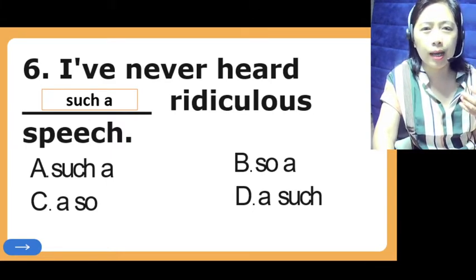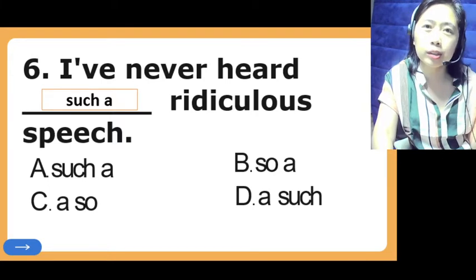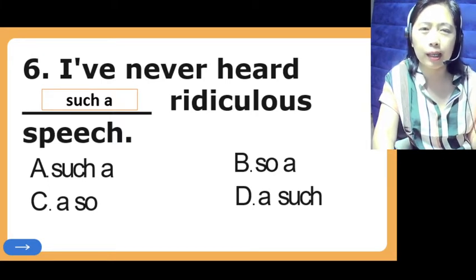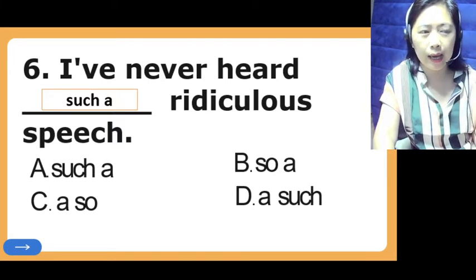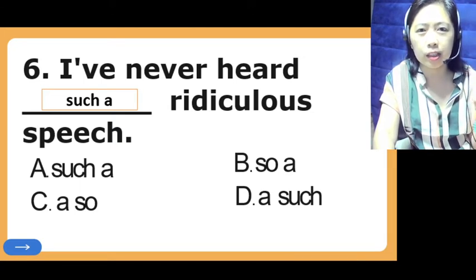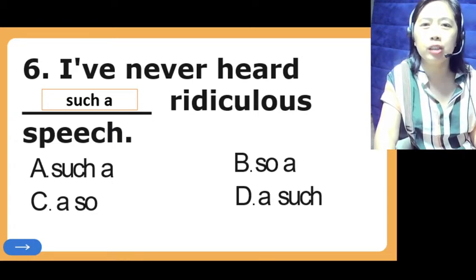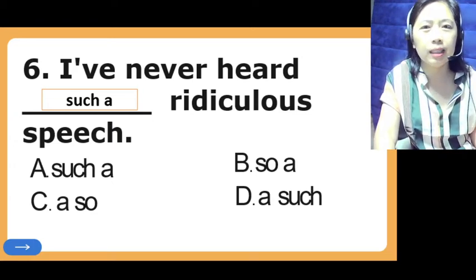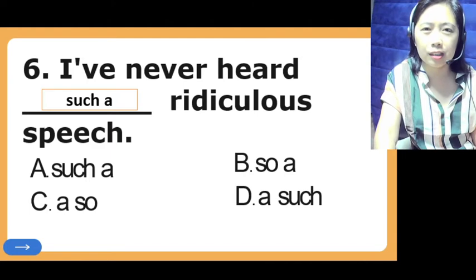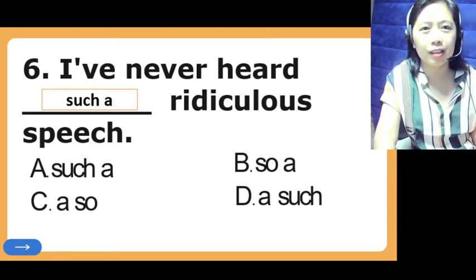We can also use such as a determiner when we have plural nouns. For a singular noun we have such a. Such a wonderful speech. It was such a silly idea. She's such an intelligent girl in high school.